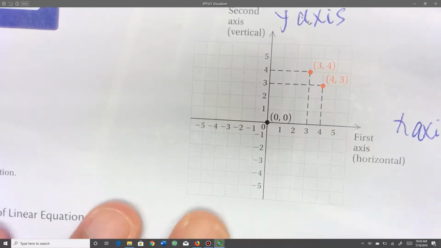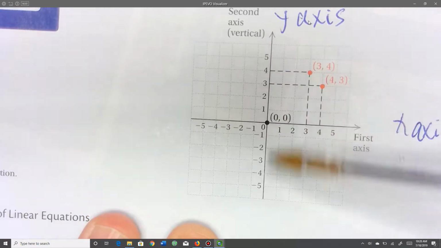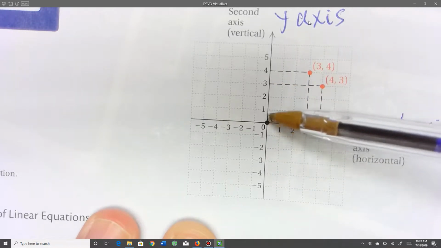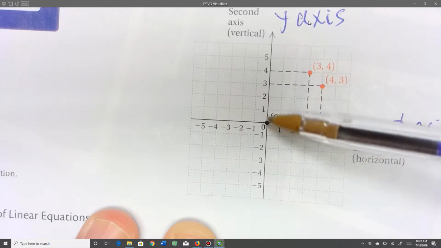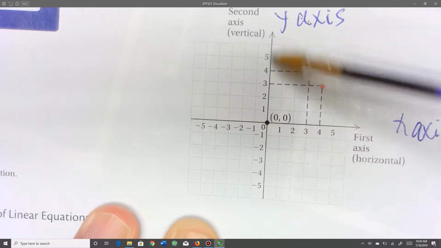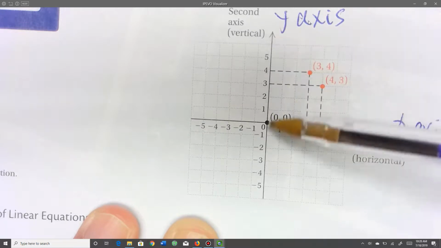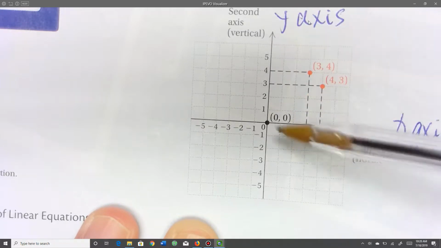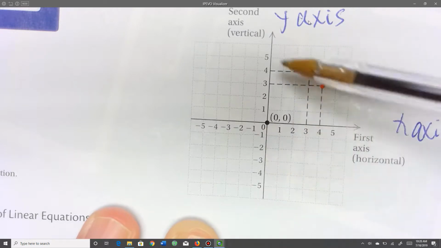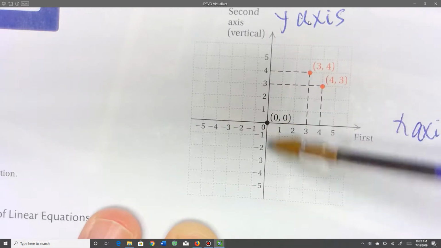And for this axis, the y-axis, we still the middle point should be the zero line, right? Except for now the positive values are to the top, the negative values are to the bottom. That's the difference. Okay, positive values at the top, negative values at the bottom.